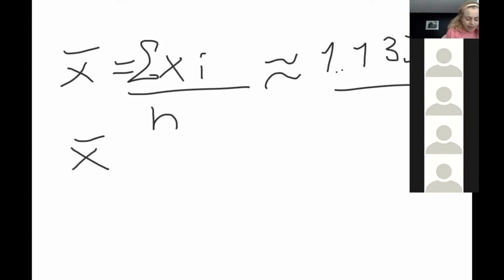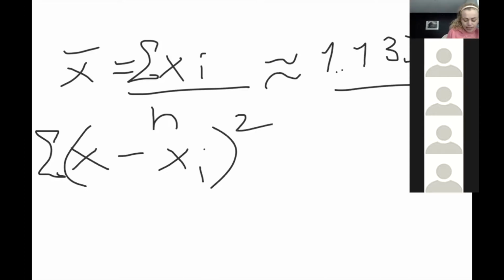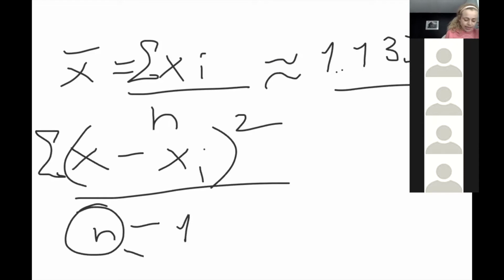So you take the observation minus the mean, and you sum all the observations, square it and divide it by n minus 1. So in this exercise, 7 minus 1, which will equal 6. And then your variance will be very, very small. And then the standard deviation.